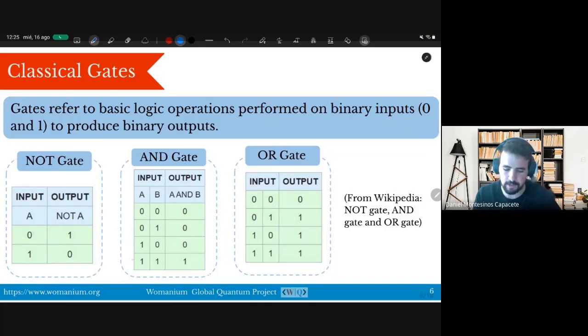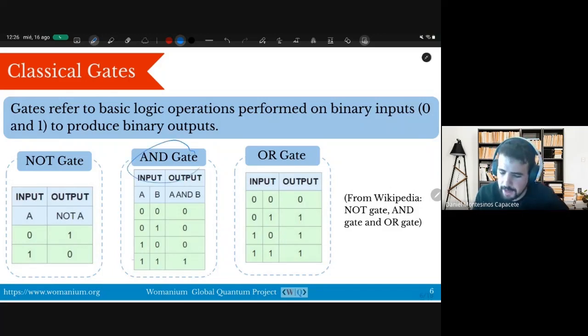The NOT gate can have an input of 0 or 1, and if you have 0, it gives you 1, and if the input is 1, it will give 0, right? That's called the NOT gate. 0 gives 1 and 1 gives 0.